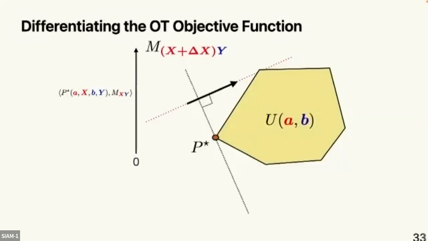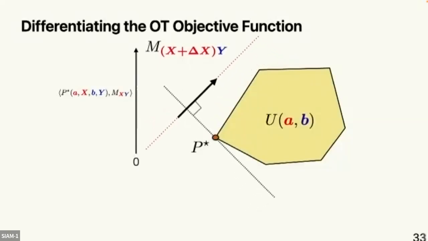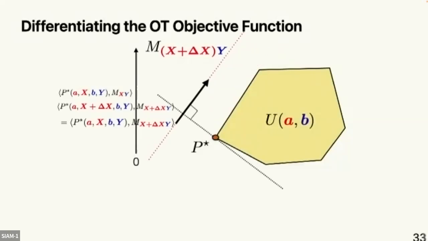If I were to change a little bit the X, essentially what I'm telling you is that even if I was computing the P star at X plus delta X, that change would be negligible. Even in this case, it's a bit extreme: that change is 0 because P star hasn't even changed here. And so we get that the only thing that is actually changing when I'm computing the gradient of the Wasserstein distance is simply the change in the cost function.